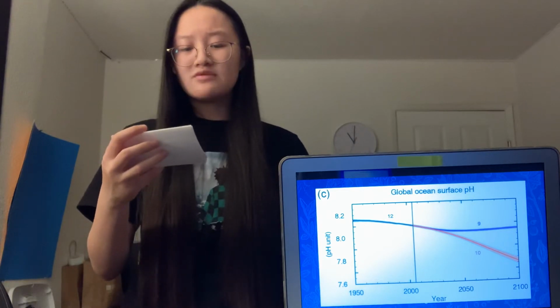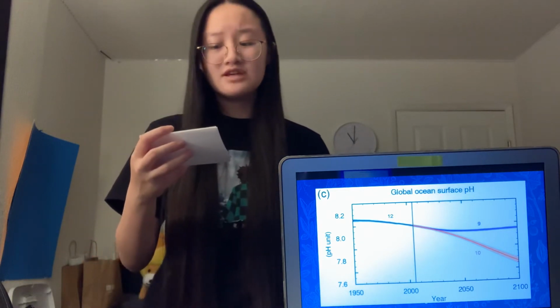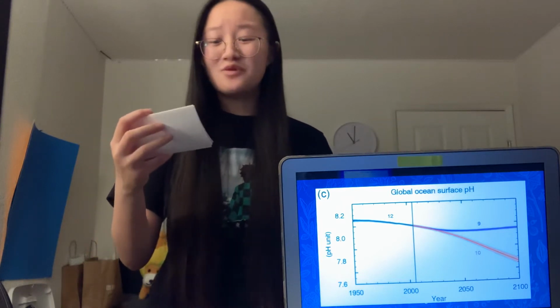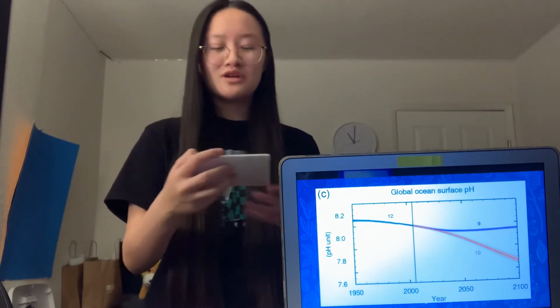And at this pH level, this will start to dissolve marine life shells, such as oysters and lobsters, and coral reef will start to become weaker as well.